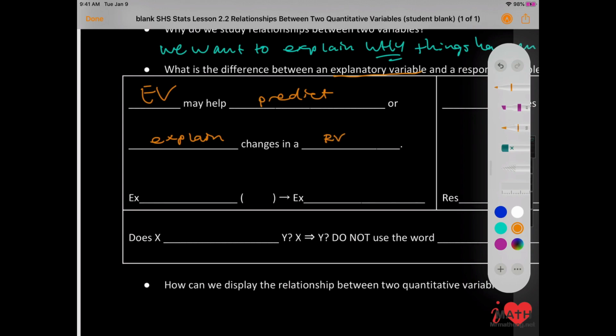Or another way we said it was that the explanatory variable is the variable x helps explain. So hopefully you see the EX and then the variable x there.